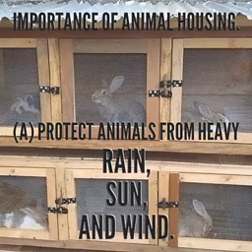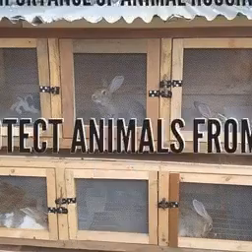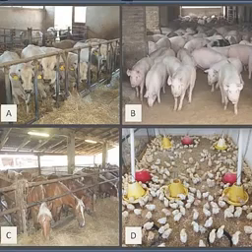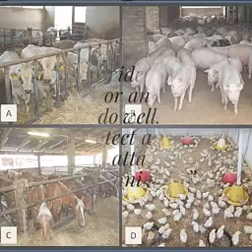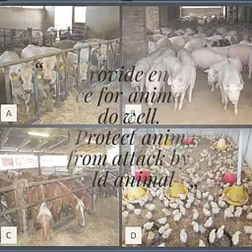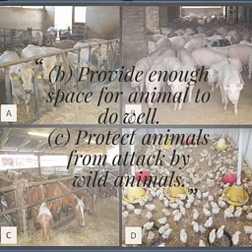So we get animal housing to protect our animals from rain, sun, and wind. 2, to provide enough space for animals to do well. So you have to build your animal house to provide enough space for the animals to do well.